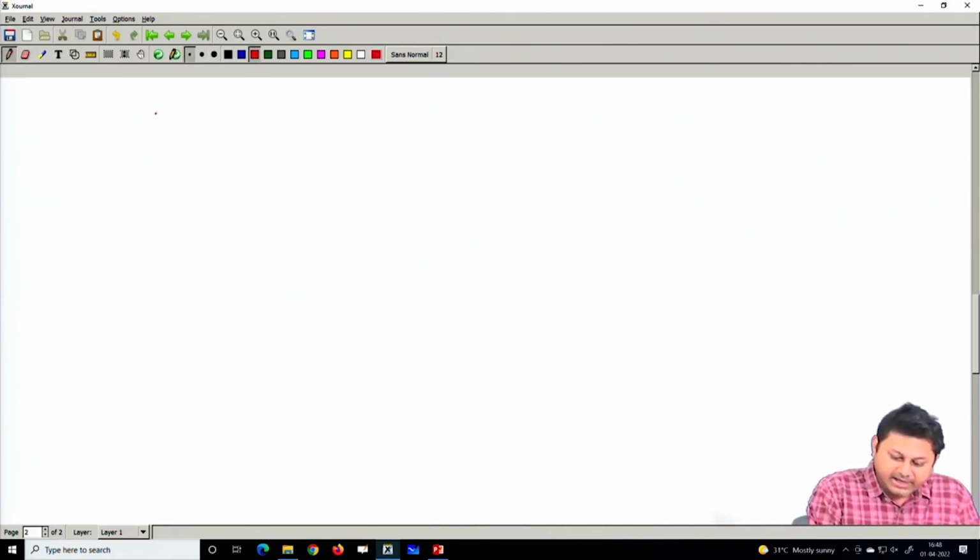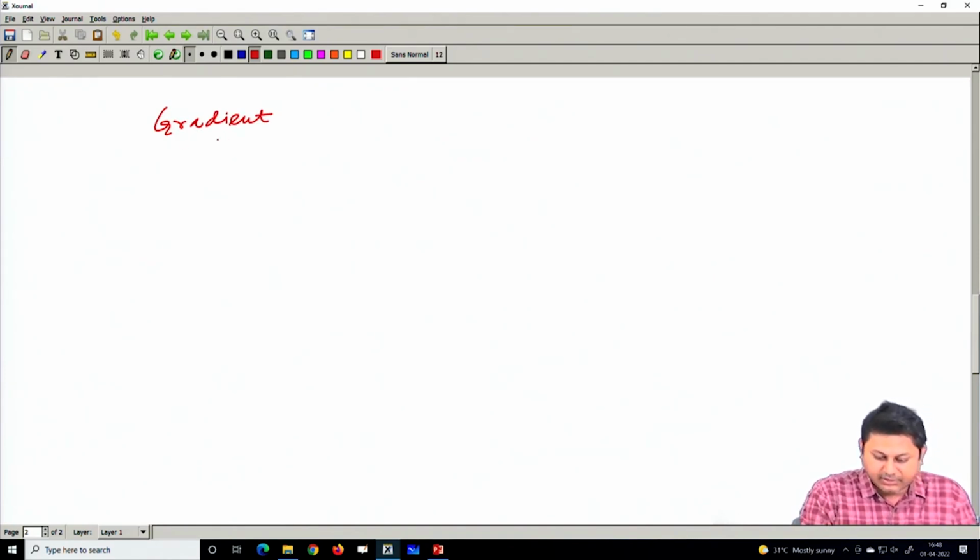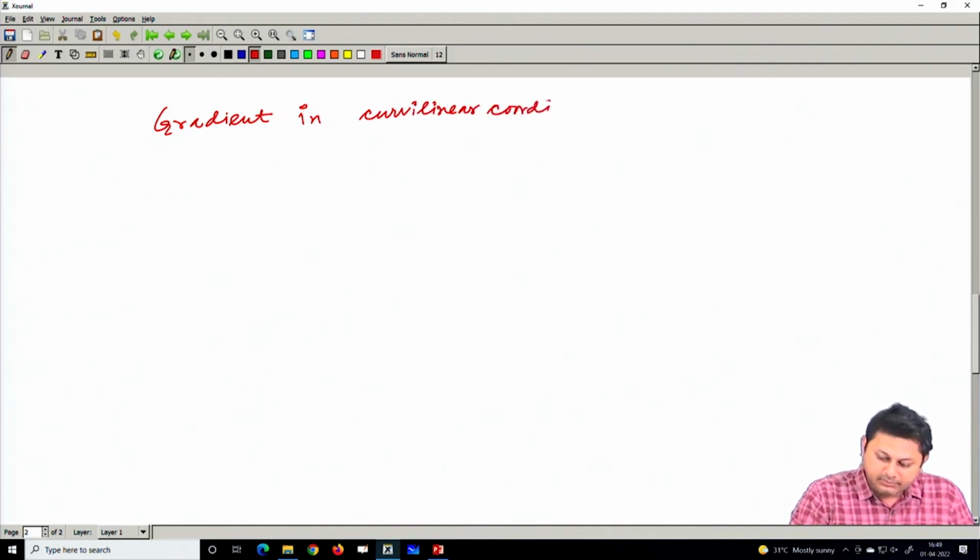The gradient in curvilinear coordinate system.